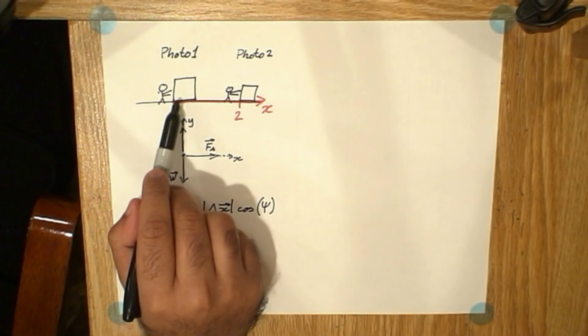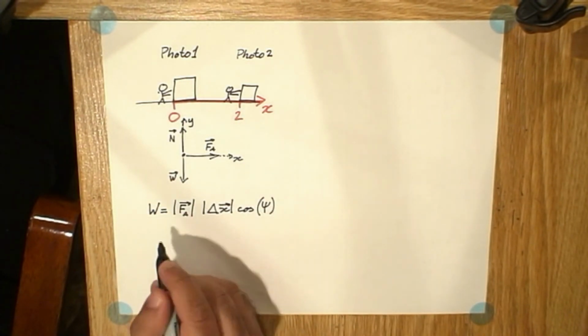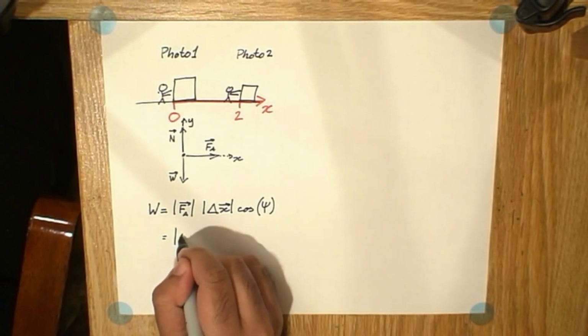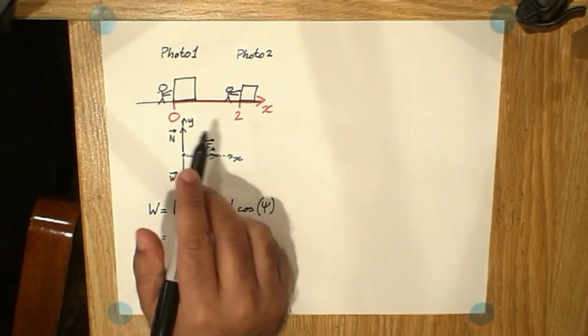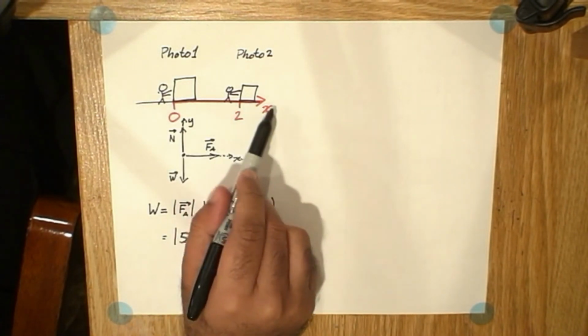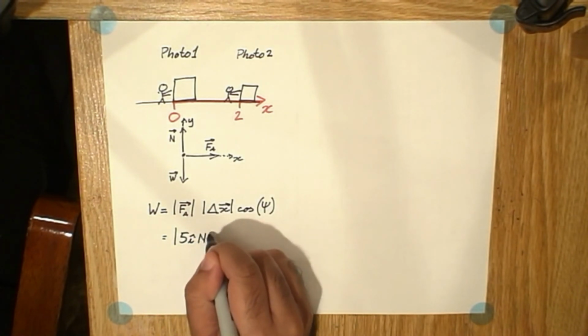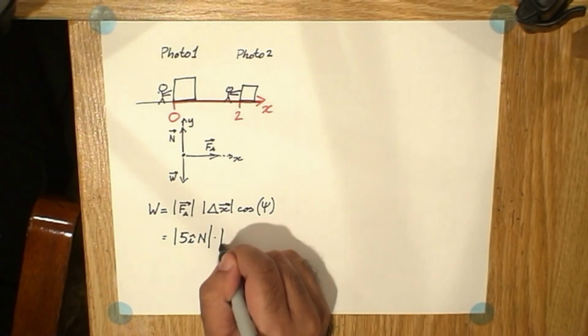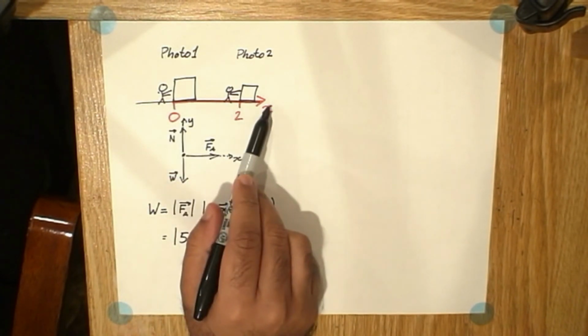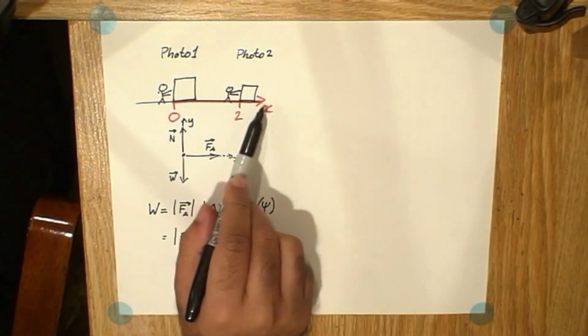Now, the applied force was 5 newtons. You pushed it with 5 newtons rightwards. So we could write that as 5 i hat newtons given the way that the x-axis is pointing. The displacement of this object is also rightwards.